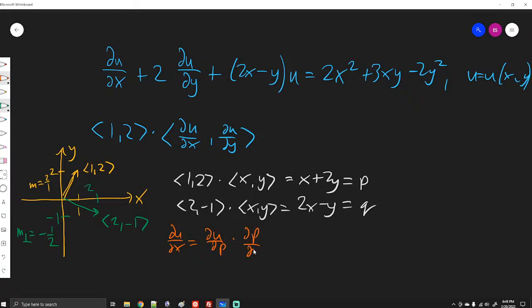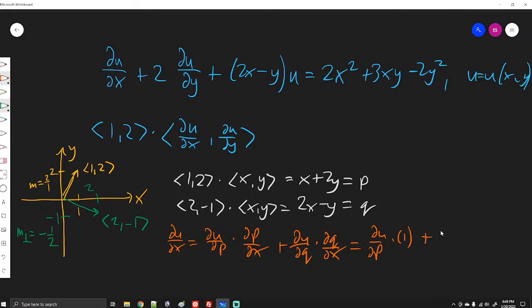partial of u with respect to x is partial u partial p times the derivative of p with respect to x, plus partial u partial q, the second variable, times the derivative of the second variable with respect to x. Now the derivative of p with respect to x is just 1. That's just the coefficient of x here. So times 1.